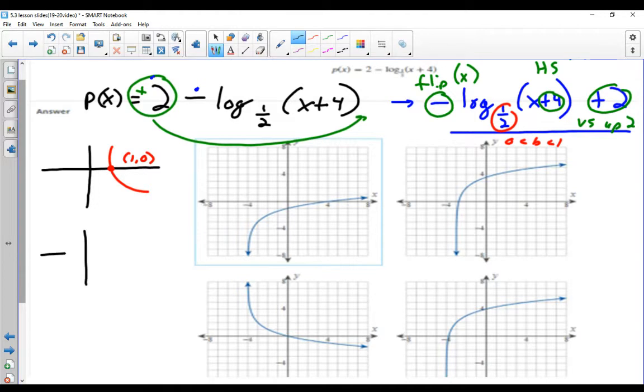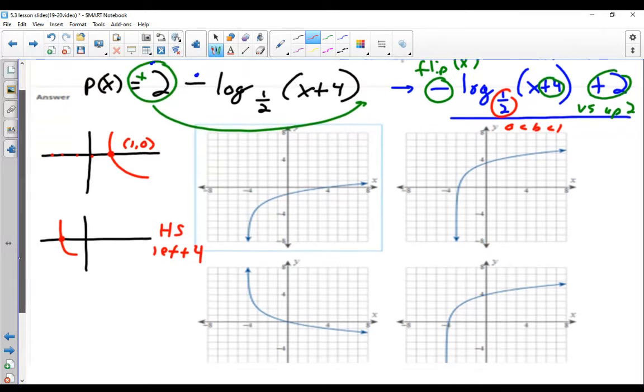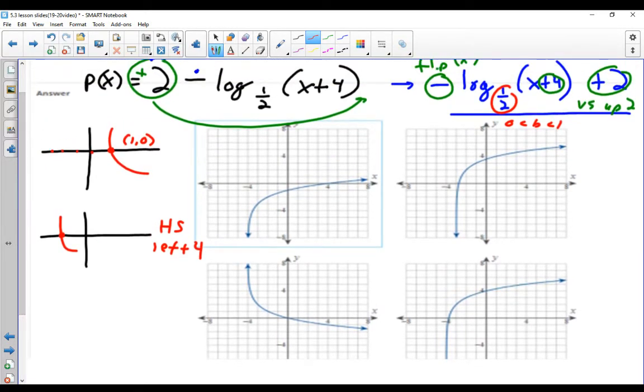So I would take this graph and move it over 4 units, 1, 2, 3, 4. So I'd be right about here after my horizontal shift of left 4.